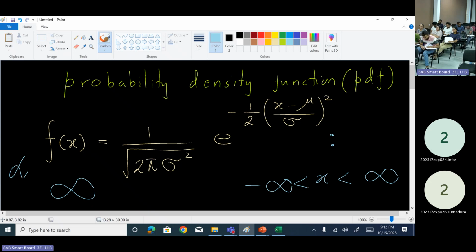You better write it in one line. If you can write it there, it's better. Just to have an understanding of the function that gives that shape, no need to memorize this function. That's the third point.